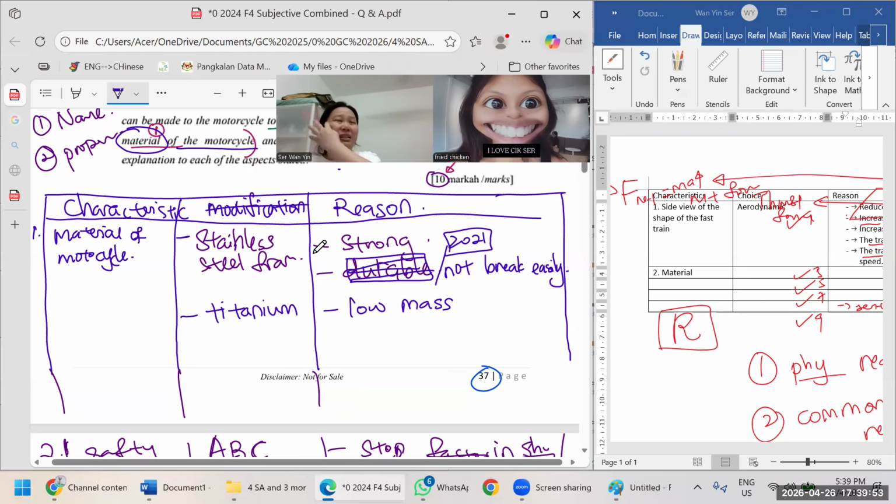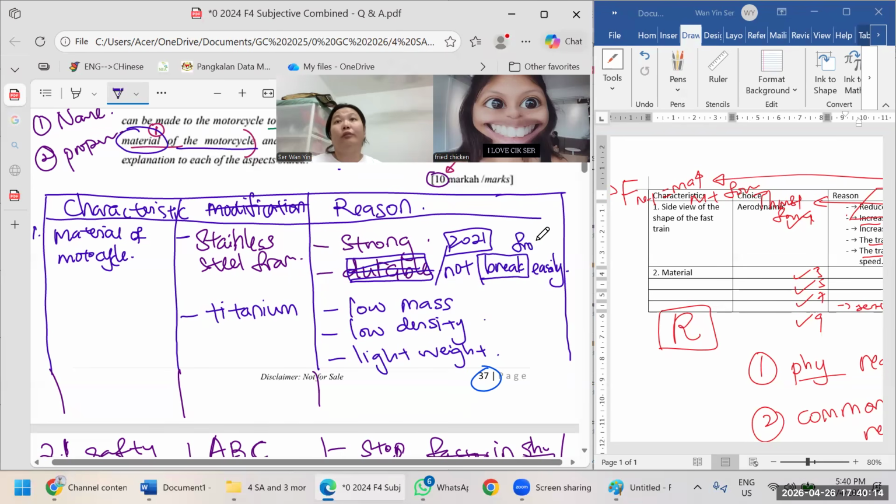Motor, no need titanium. Low mass, low density, lightweight. Why durable cannot, but not break easily can? Because not break easily, we can relate it to force. Durable, long-lasting. Anything related to physics? Not really.